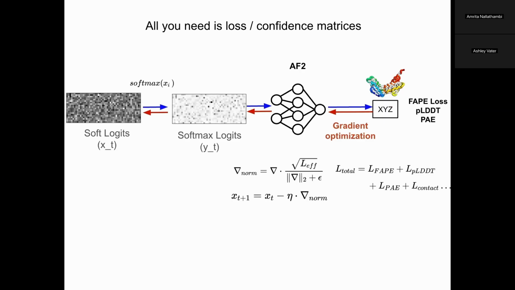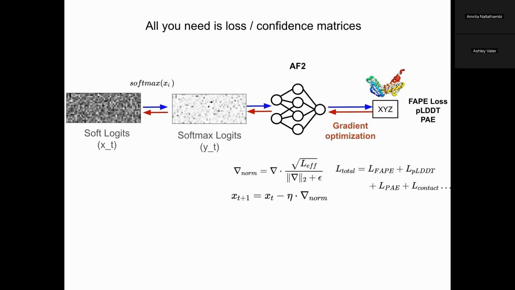If you sum the 20 amino acid probabilities at each single position, the sum equals 1, and you input the softmax into AlphaFold, predict some structure and backpropagate until you get a really low loss. Also, a trick they use is they normalize the gradients.